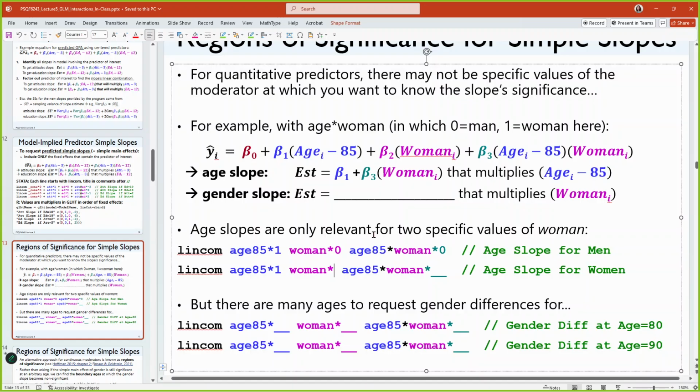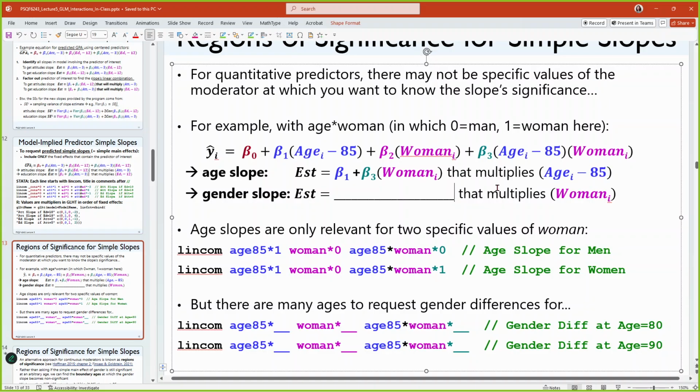That's right. This is the thing that folks screw up when they're first learning this. The inclination is to be like, well, it's for a woman, so I need to turn this on. But no, this is the gender difference irrespective of age. What we need to turn on is the interaction term for how the age slope differs in women. So the 1 goes in the interaction spot, not the main effect spot.